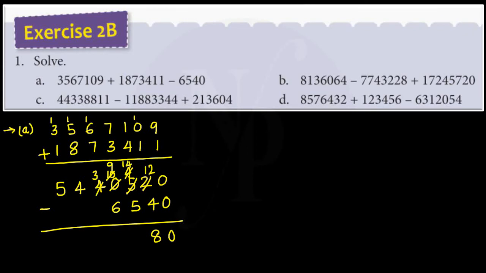Subtracting 5 from 14, we get 9, and subtracting 6 from 9, we get 3. So here no digits are present in the second number, so we will bring down these numbers as they are. 3 here, 4, 5. So the difference is 54,33,980.